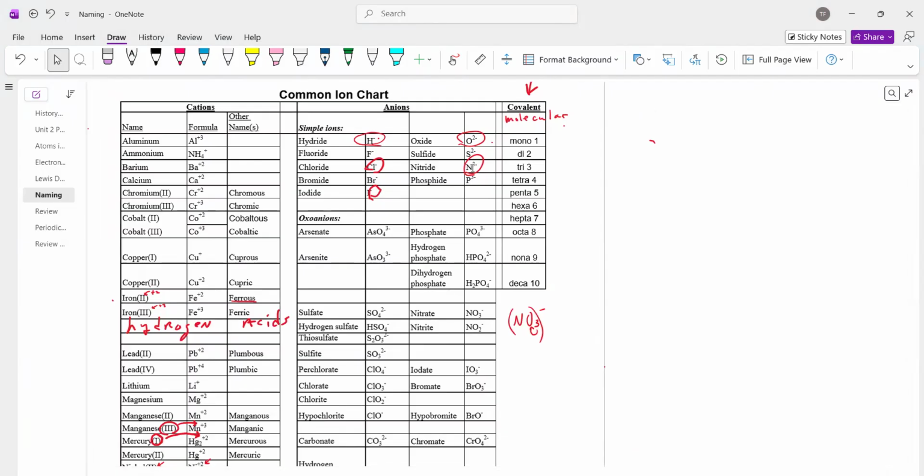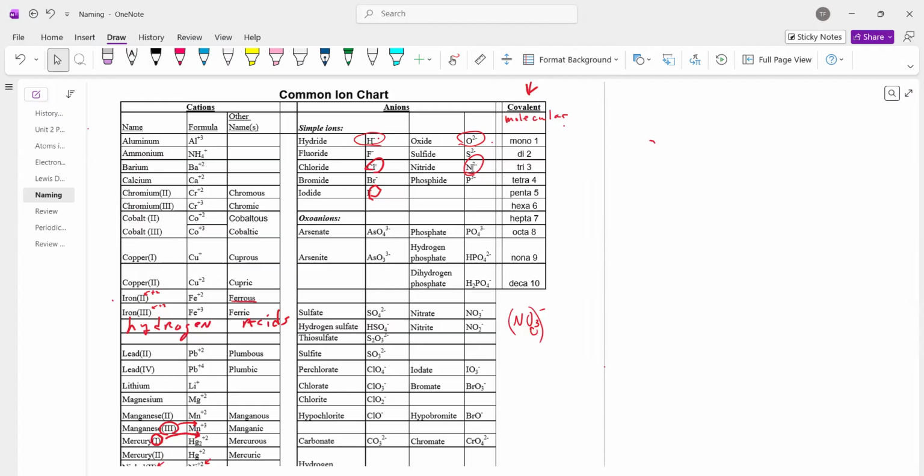This is a different way of looking at the ions I handed out today. If you like this organizational scheme better, download this and print it, or just keep the one that I handed you. Same information. Now, there's two sets of information on here.